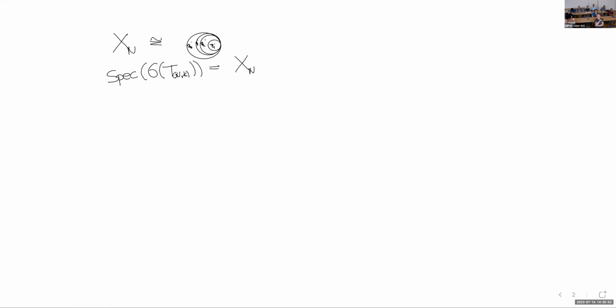Now, two operators. An operator T, essentially normal, in B(H), essentially normal.